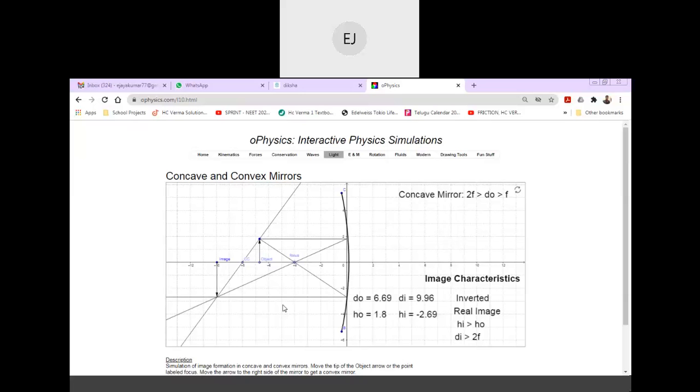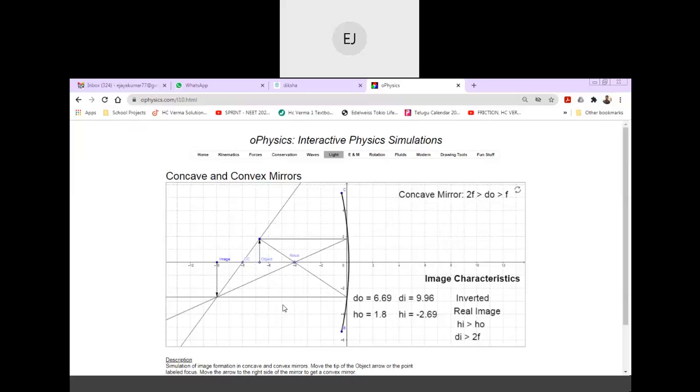Sir, you also told us to do the activity of the angle between mirrors. One activity was there in our book, that if plane mirrors maintain some angle, the number of images. Yes, sir.